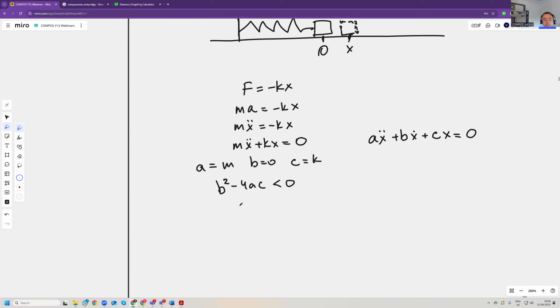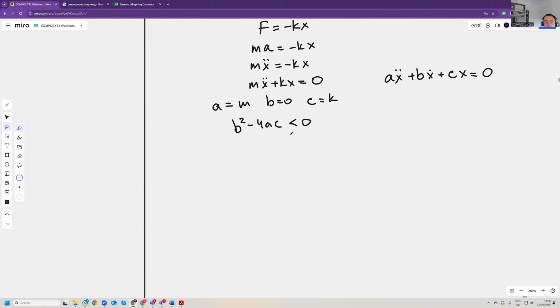Therefore, you have the third option. Okay. So the characteristic equation. I'm going to rewrite this as x double dot plus k over m x equals 0.